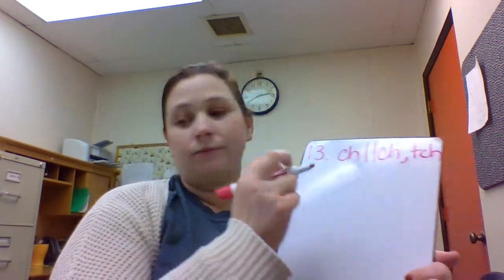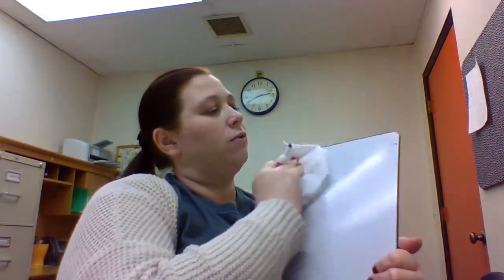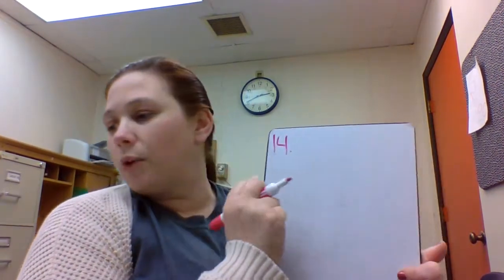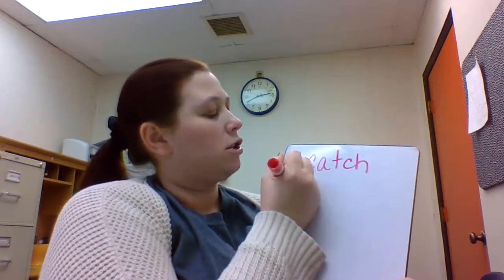All right. Let's move on to number 14. Number 14, we are going to spell catch. We already talked about this. And then because we have that ah sound, we know we're going to do T-C-H, catch.